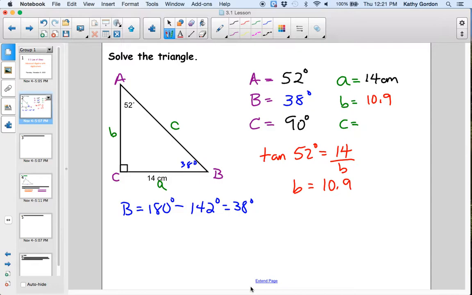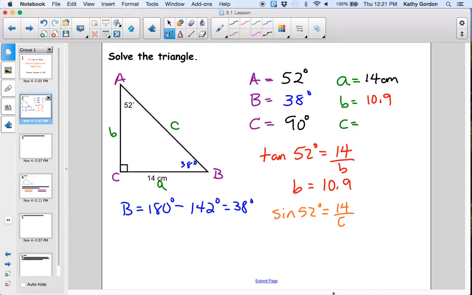What should I do to figure out C? So I could go sine of 52 is going to equal what? Okay, so that's one possibility. Is there another possibility?